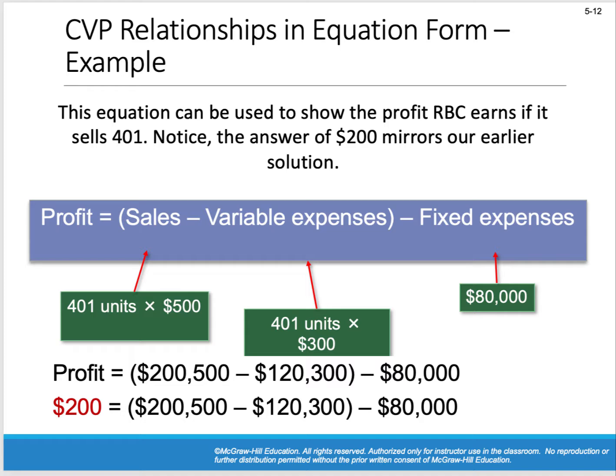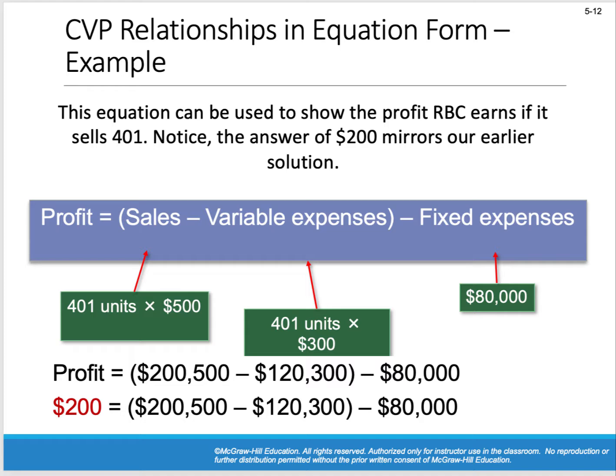Remember from chapter 1, fixed expenses in total remain constant as long as we're within the relevant range. However, on a per unit basis, fixed expenses have an inverse relationship with volume, meaning as volume goes up, our per unit fixed expense goes down.